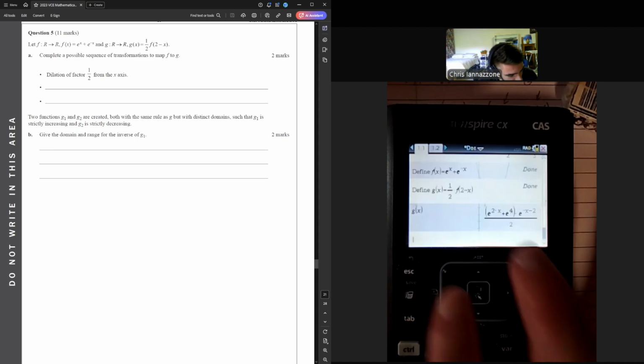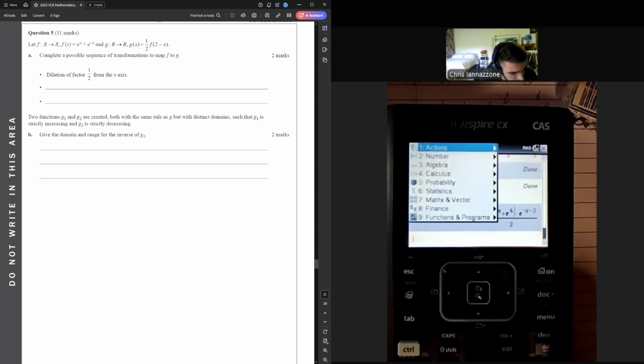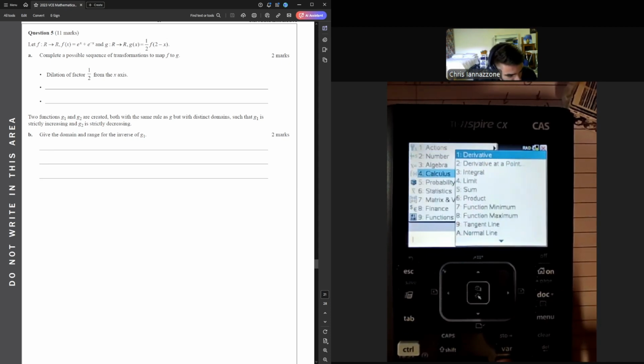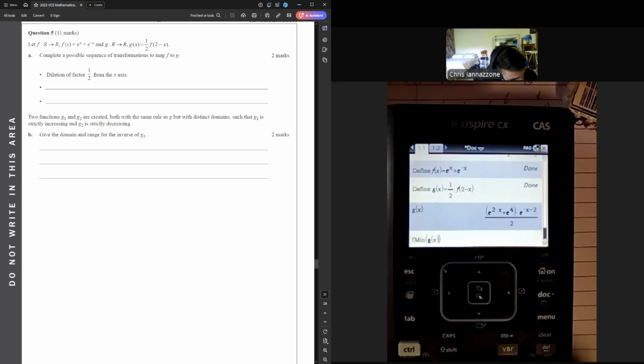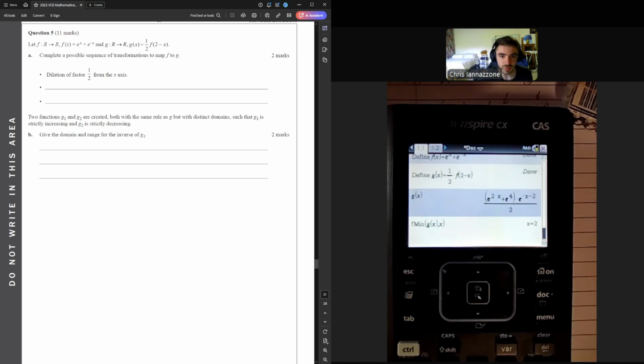But more nicely, you'd want to come over here and use the calculus tools. So you want to do your f min in this case. So option 7, you put your g of x, comma, x, and then you can be even more certain that it's x equals 2, and not 2.0000 something or other. But okay, we know everything to the right of 2 is going to be the domain of g1.